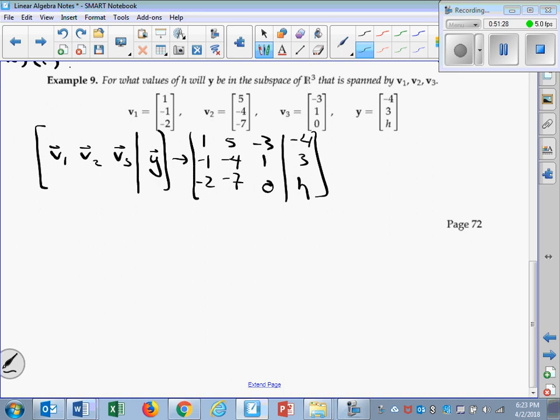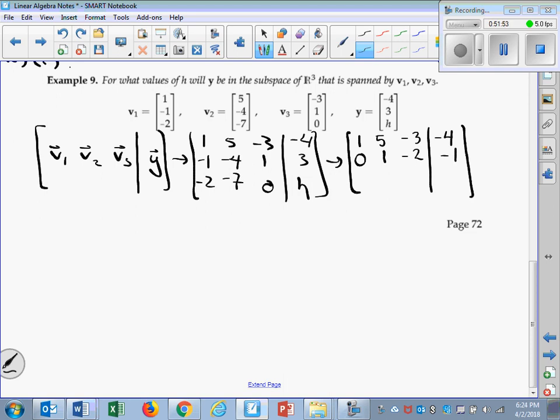Let's eliminate the -2 and the -1 by adding multiples of row 1. I'm going to add 1 of row 1 to row 2, and we get a 0 here. 5 plus -4 is a positive 1. -3 plus 1 is -2. And then -4 plus 3 is -1.